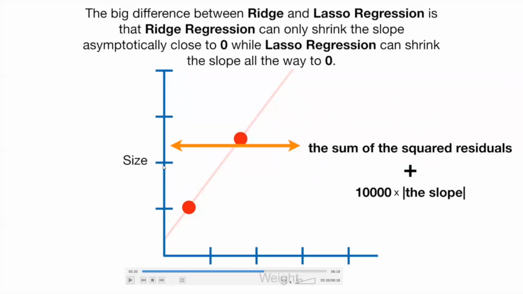But if we had used ridge regression, even for such a high value of lambda, we will not get exactly 0. We'll get some small slope, let's say 0.00001, but it won't be 0.